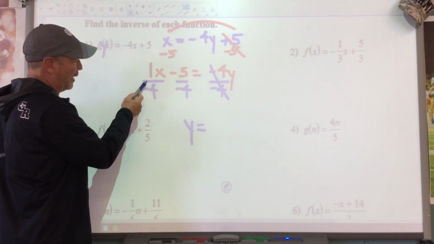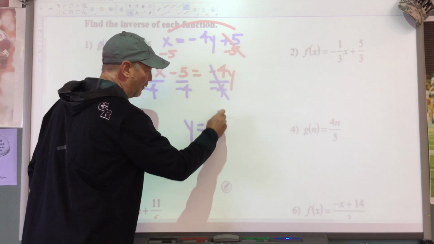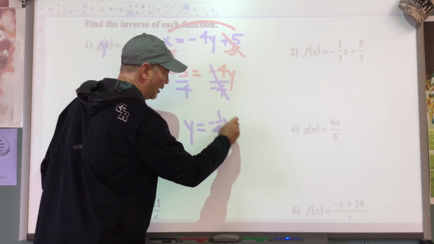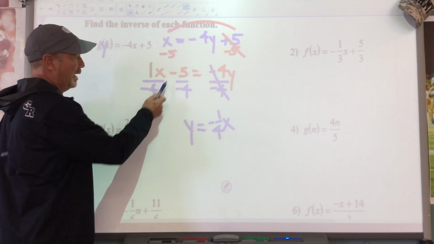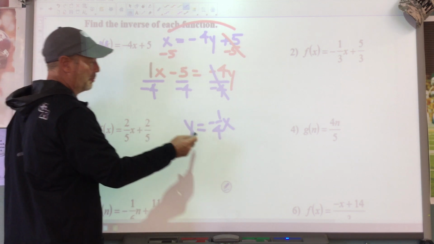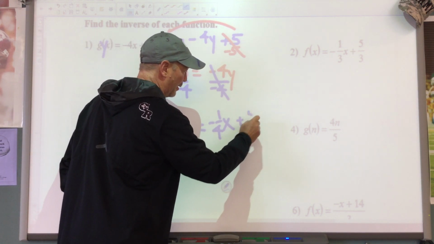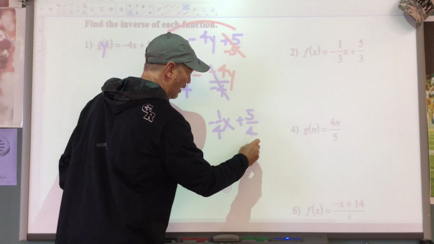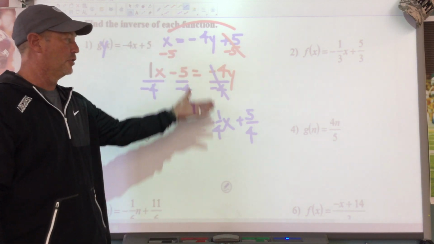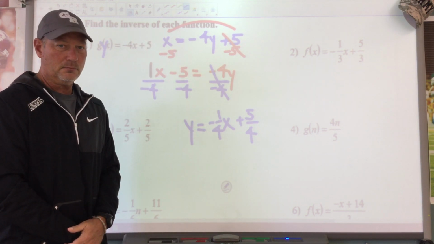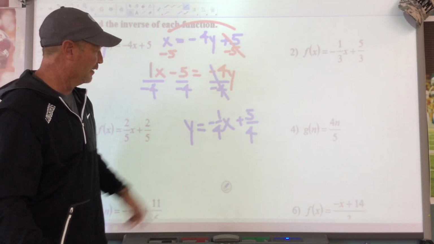You see this? 1 divided by negative 4 is negative 1/4. A negative divided by a negative is a positive 5/4. This is how you would solve this problem. Good? This is the inverse.